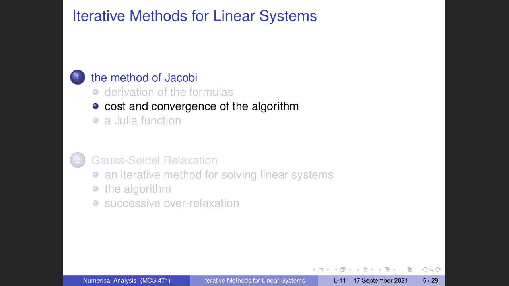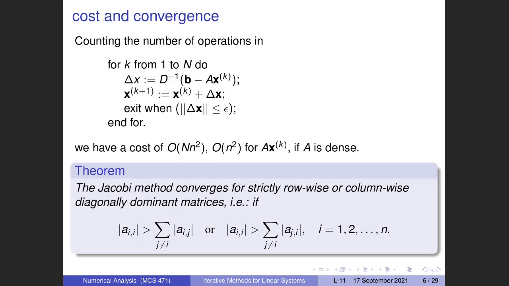Let us first look at the cost and the convergence. So here it is both the cost and the convergence all lumped together in one slide. Why could this be better than, for example, LU factorization? Well, remember that the LU factorization is a cubic operation in the dimension.